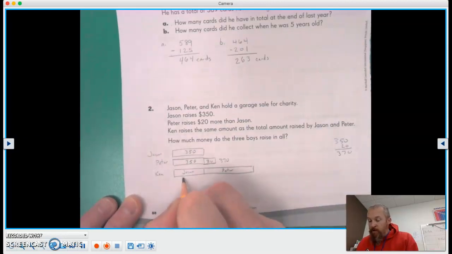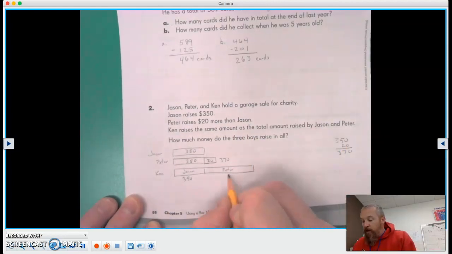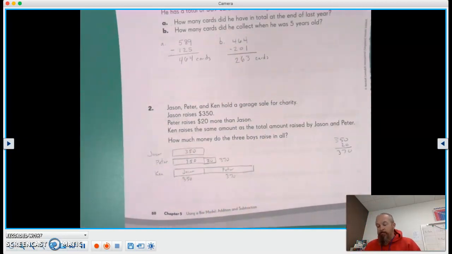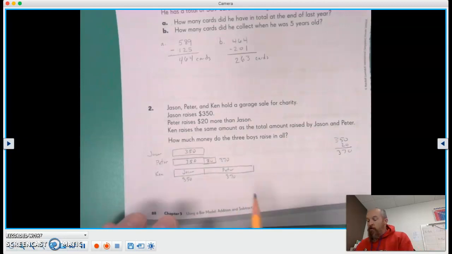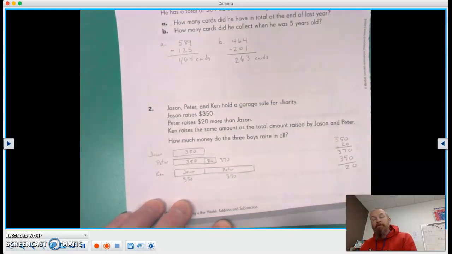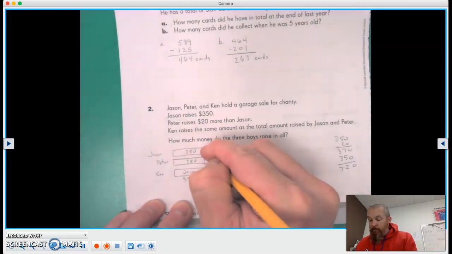So this is 350 for Jason, and we said 370 for Peter, and that'll give us how much Ken made, right? So we're going to add the 370 plus our 350. 7 plus 5 is 12. 3 plus 3 is 6 plus 1 more is 7. So Ken raises 720.